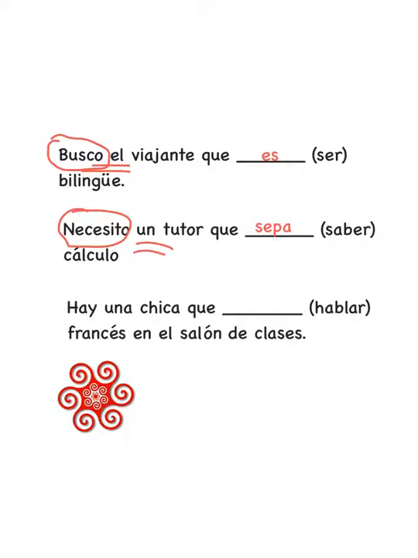Okay. Now, do we have a word that tells us that we may have to use subjunctive? No, we have hay. Hay means there is. Therefore, if there is a girl in the classroom that speaks French, she exists, therefore we use the indicative.